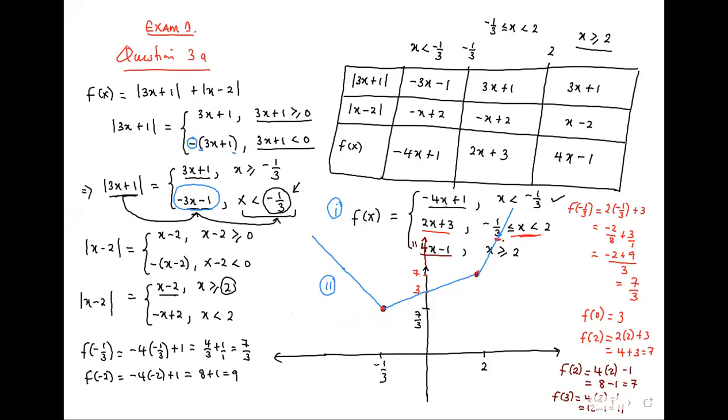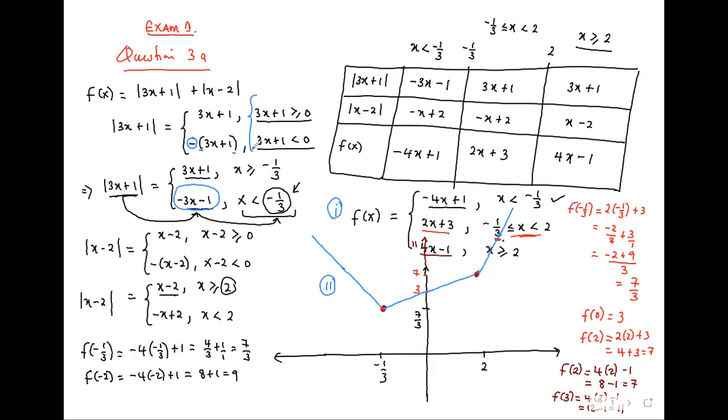When we define the function, in its redefinition, we have this. The inequality is not affected by the negative. The 3x plus 1 that is greater or equal to 0 is the same 3x plus 1 that is less than 0 here.